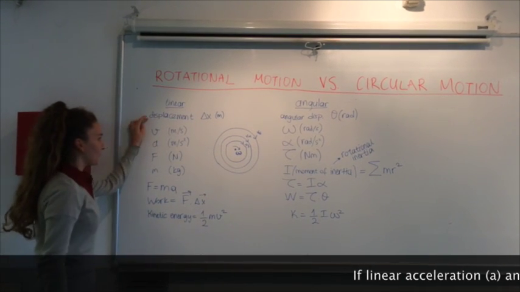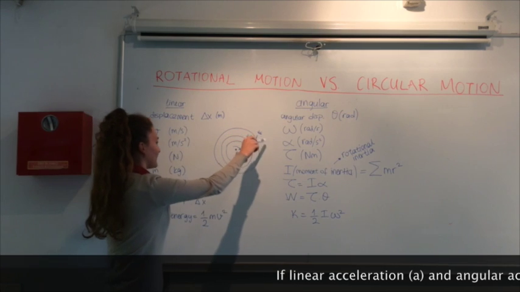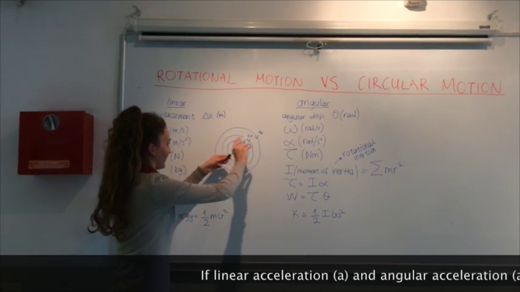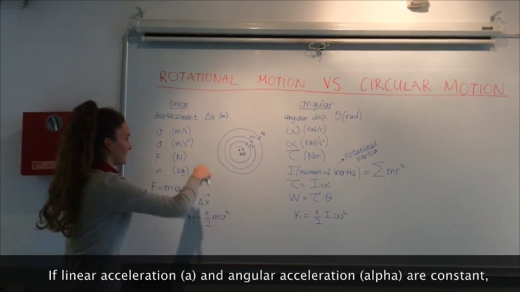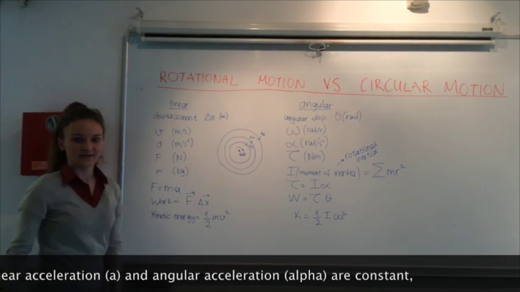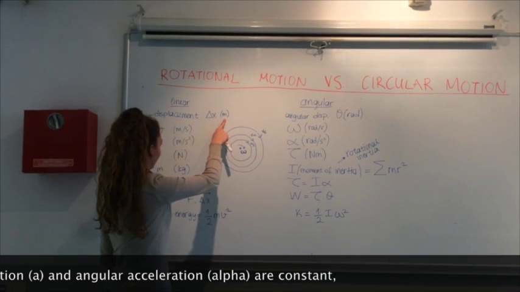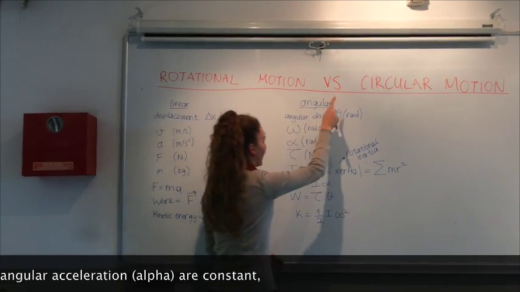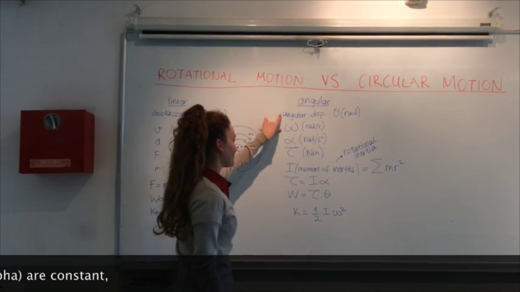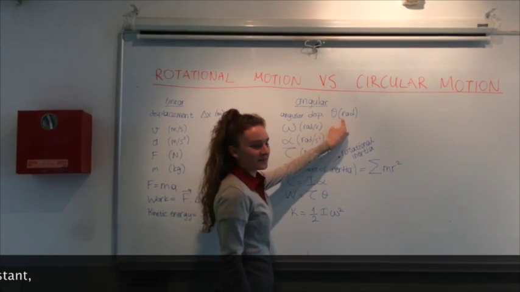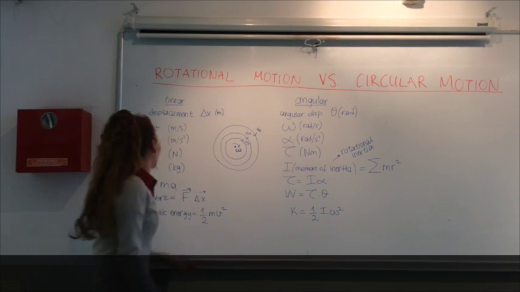Here you see the displacement. The displacement of one side of an object, which is what V5 undergoes here, is delta x, whose unit is in meters, versus in an angular one, which is a rotational motion, the angular displacement is theta, which means it's in radians.